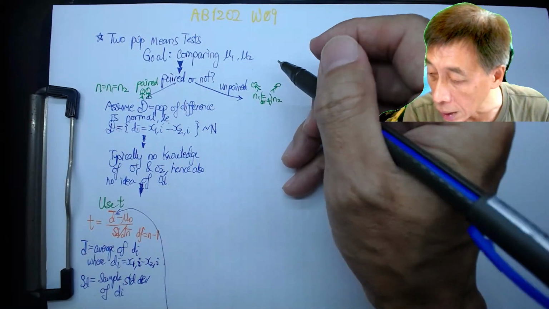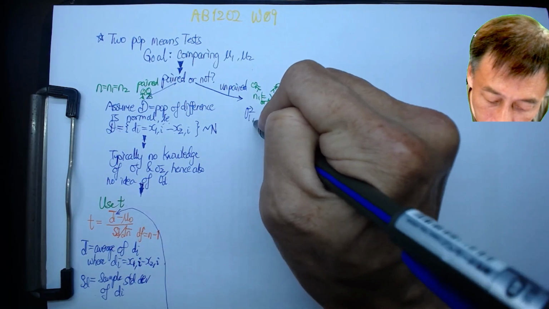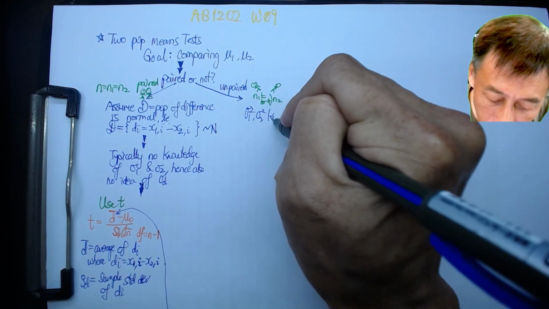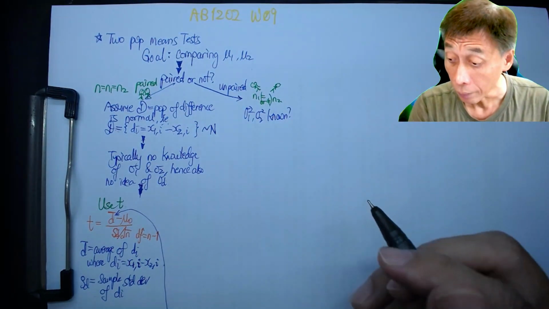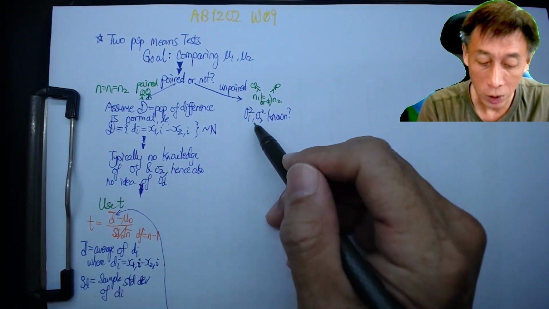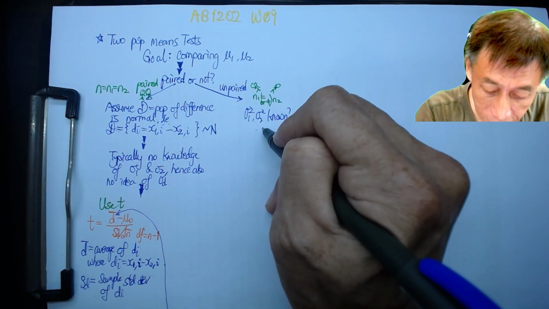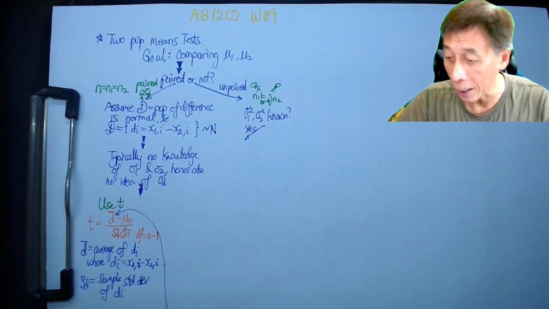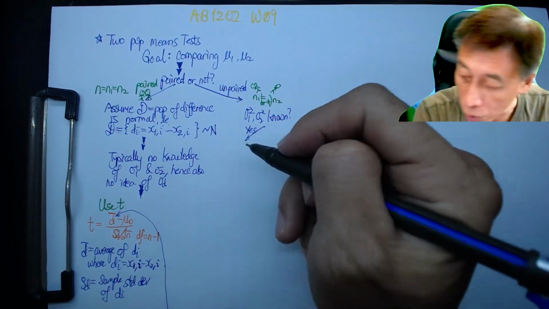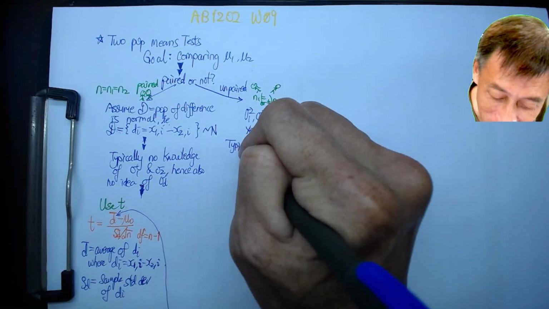Then we want to ask, are the variances known? Do we know their values? If yes, we know them as values, then what we do is we typically assume parents, that means x1 and x2 are normal.